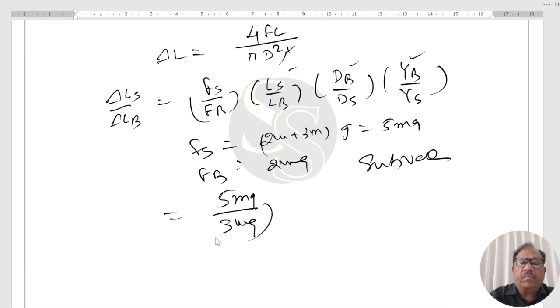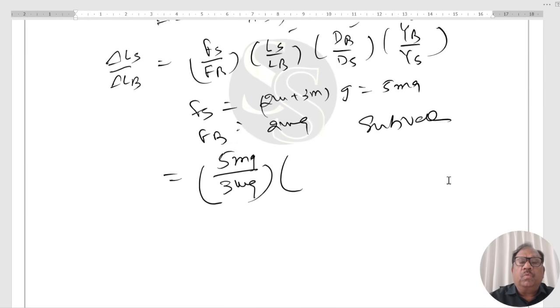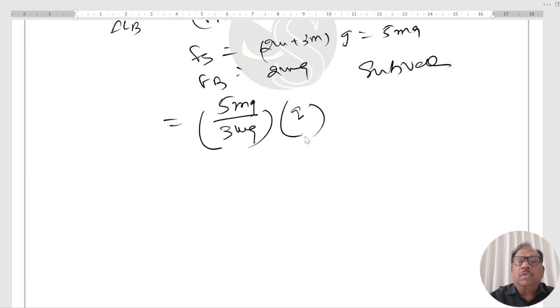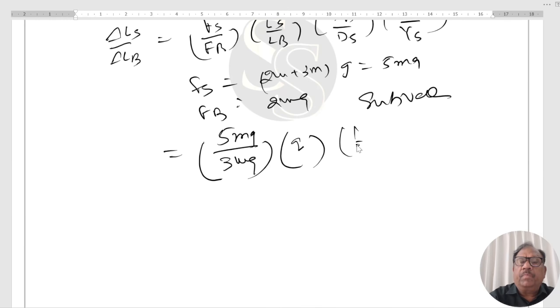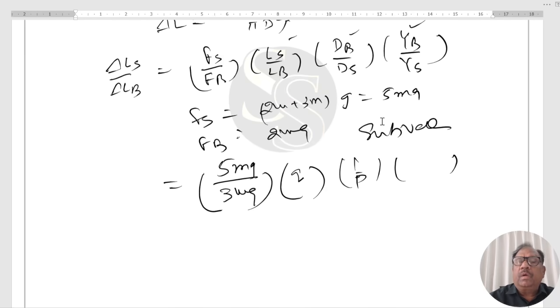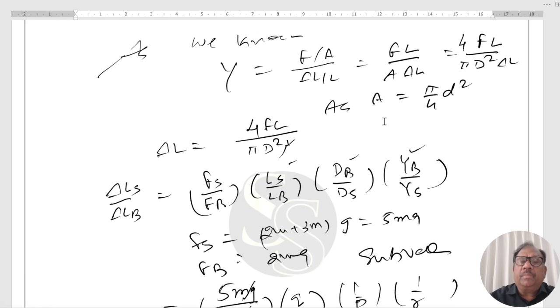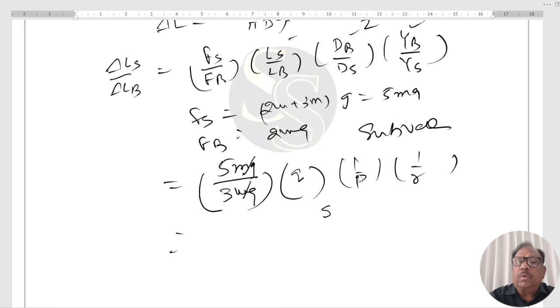Substituting values, FS over FB is 5 mg upon 3 mg, LS over LB is Q, DB over DS is 1 by P, and YB over YS is 1 by R. On simplification, mg cancels with mg, and pi d square cancels, this will become P square.